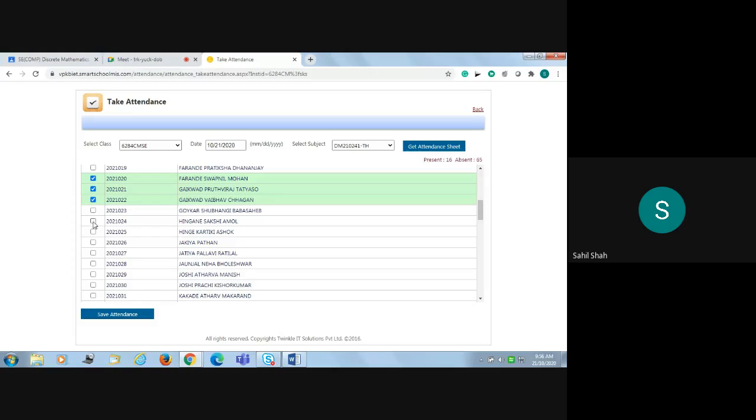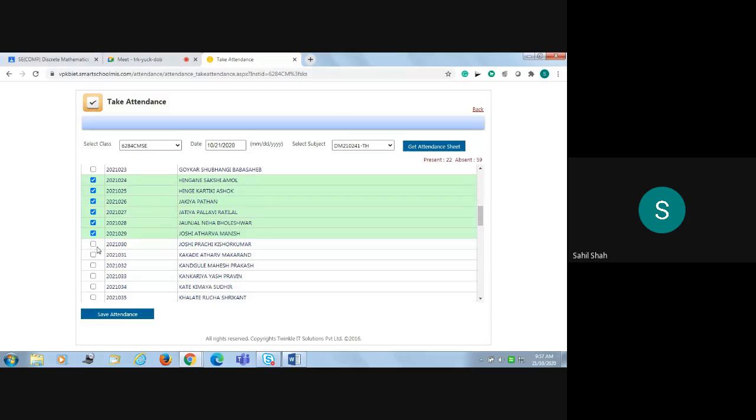Chingane Sakshi. Hinge Kartiki. Jakia Pathan. Zanzal Neha. Joshi Atharva. Joshi Prachi. Whether Atharva is present?